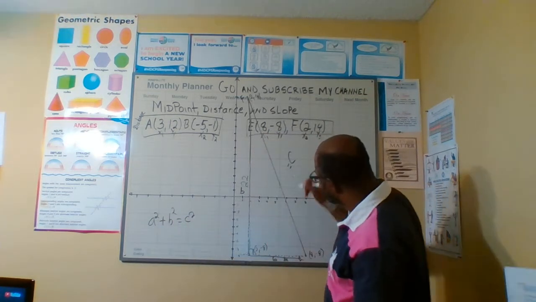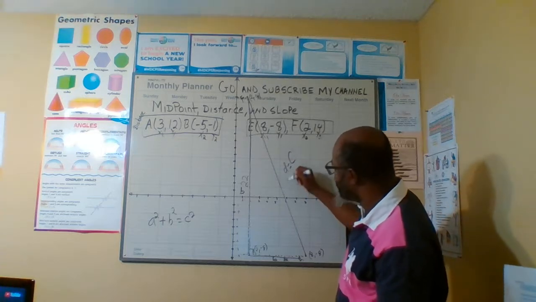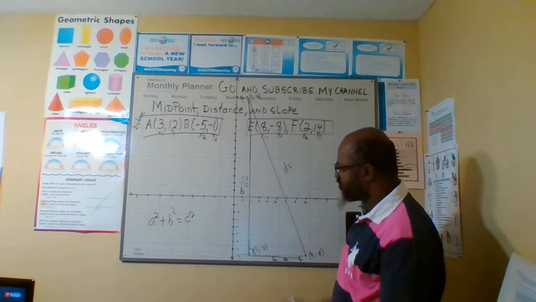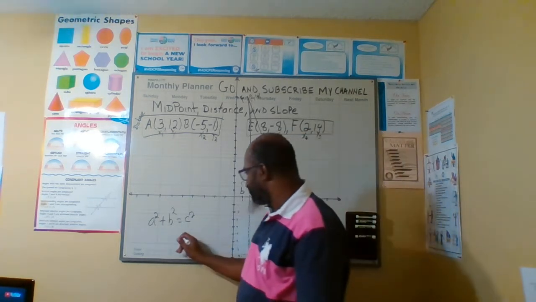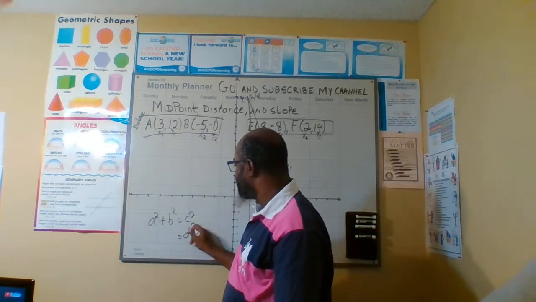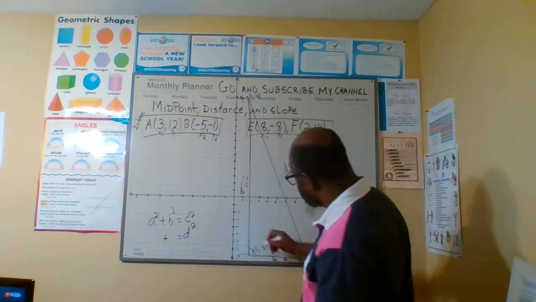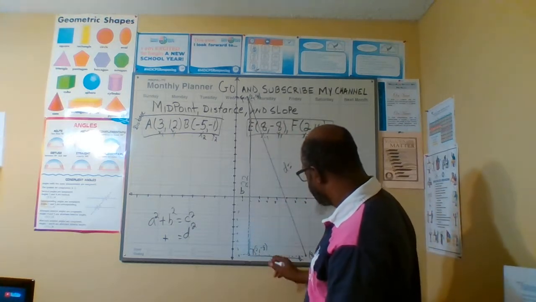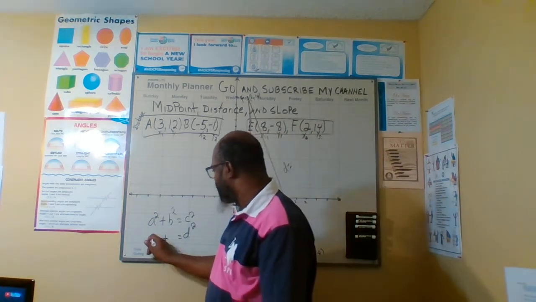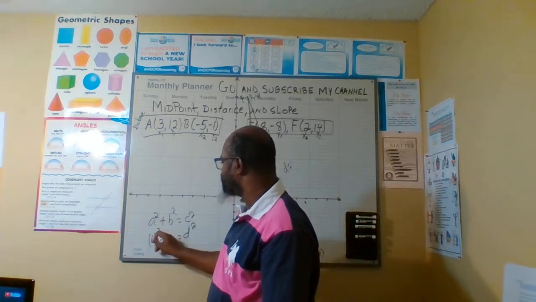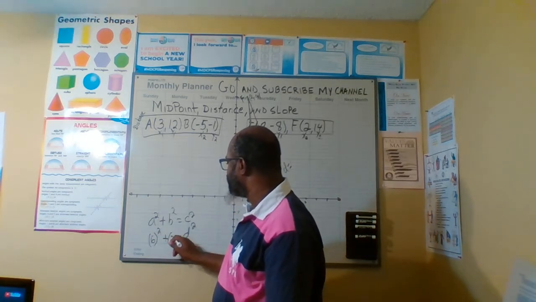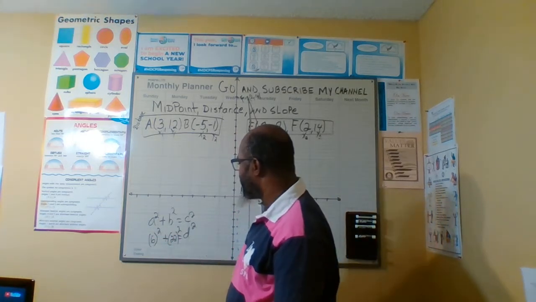So in this case, C squared is your D, the distance. Since you don't know D, you will have D squared is equal to the legs squared. So this leg is 22, this leg is 6. Order does not matter. You will have to take 6 squared and 22 squared, then you will find the distance.